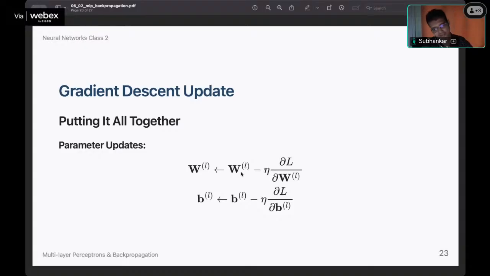Let's say the gradient was -5. We don't move by -5; rather, we move by the learning rate multiplied by -5. So the same principle: WL is equal to WL minus eta times the gradient of L with respect to WL. And similarly, BL is BL minus the learning rate multiplied by the gradient of L with respect to BL.